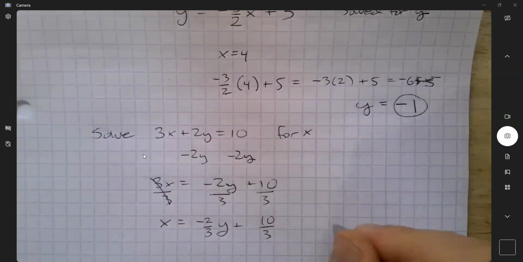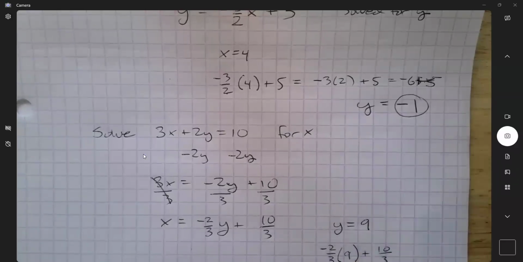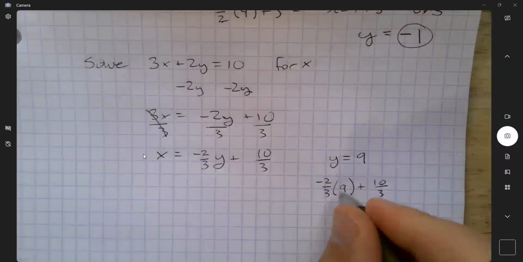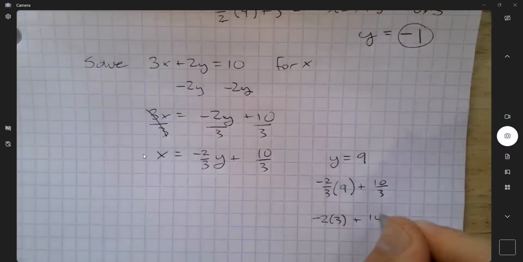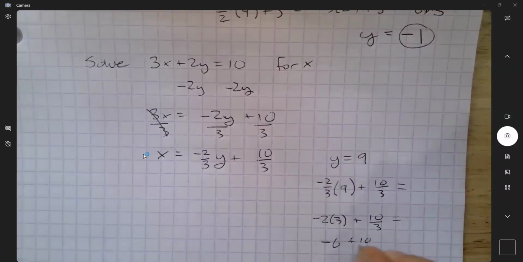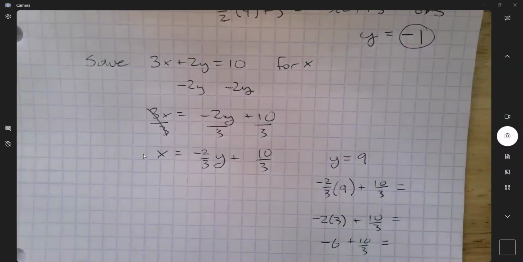And now I know that if, let's say, y equals 9, then I can quickly figure out what x should be. Minus 2 times 9 over 3 is minus 2 times 3, which is negative 6 plus 10/3. Review our fractions.